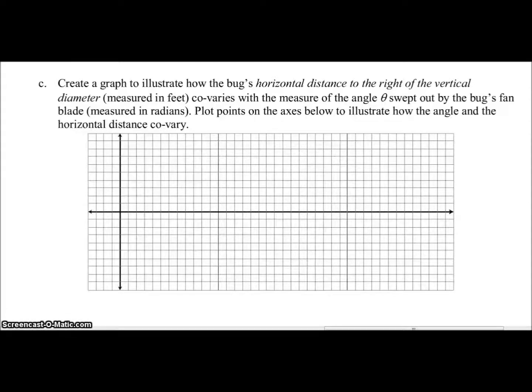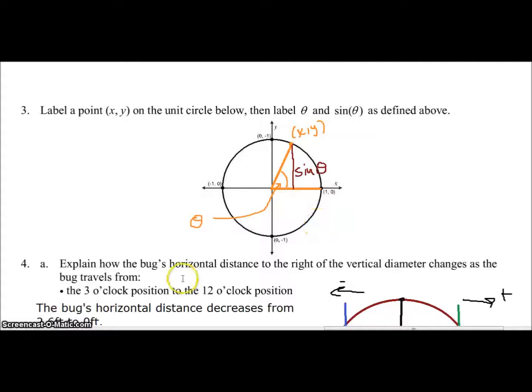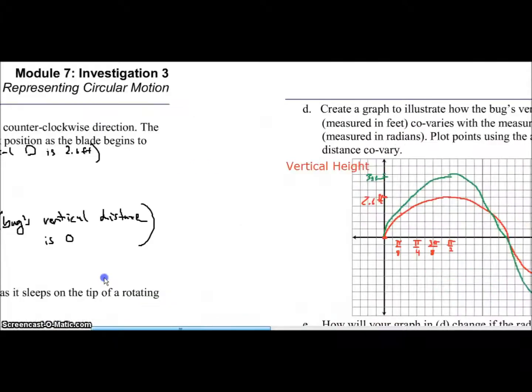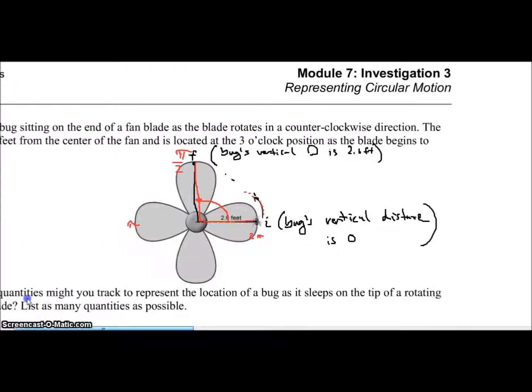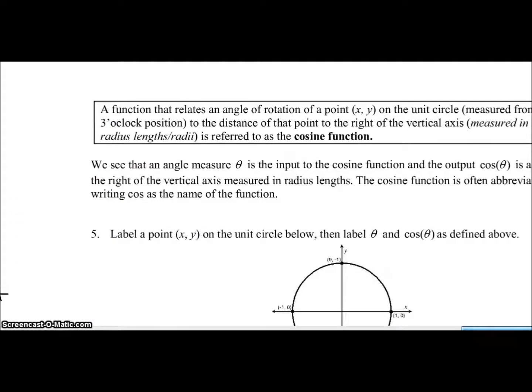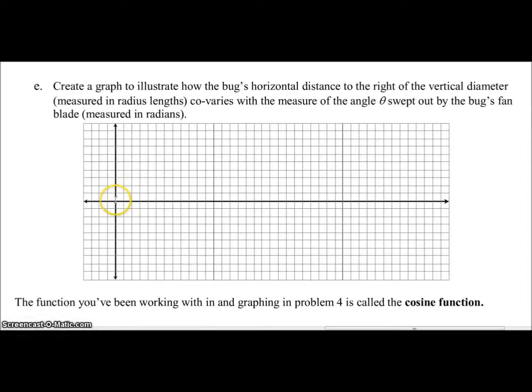Notice that if we start with our fan in its initial position, then it's already at its maximum distance, its radius. So this graph, instead of starting at 0, like with the sine function, we're going to start up here.